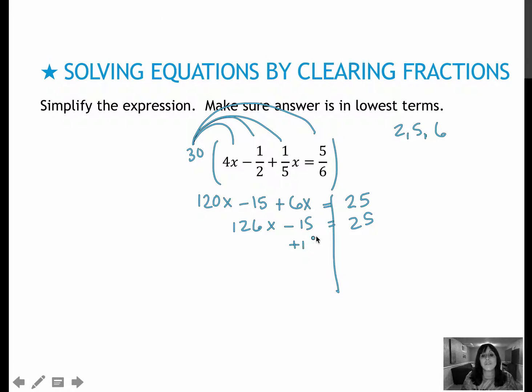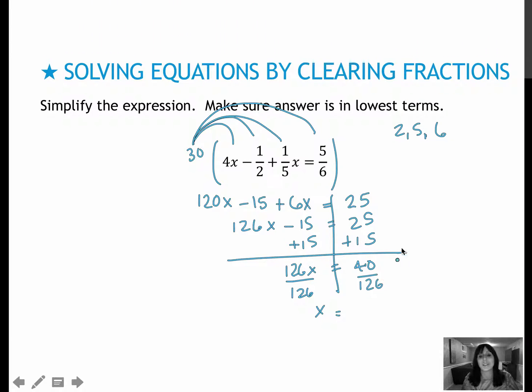I would add 15 to each side, which would give me 126x equals 40. I would then divide by 126 on each side. 40 over 126 would reduce because I could divide the top by 2 to get 20 and the bottom by 2 to get 63. And so 20 over 63, which was the same answer that I had before.